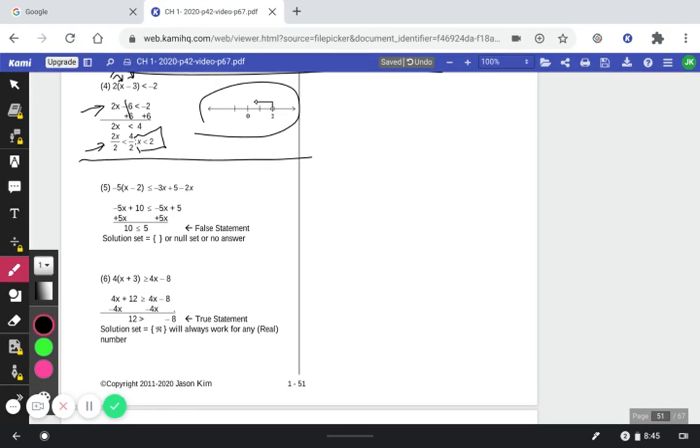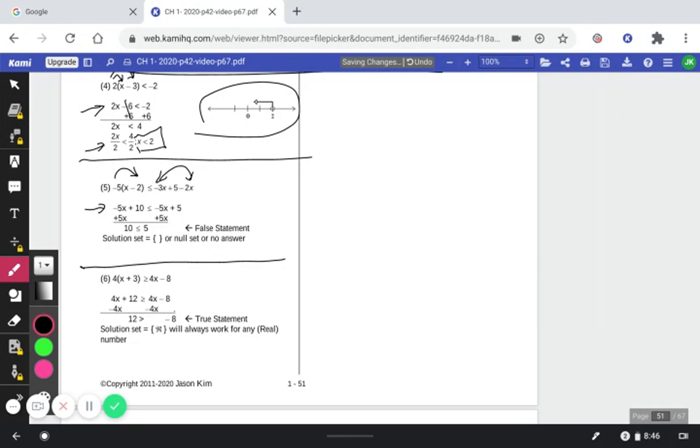Now, number 5. What if you have negative 5 in front of a quantity? You distribute negative 5 with x is negative 5x, plus negative 5 with a negative 2 is positive 10. So negative 5x plus 10 is less than or equal to, now you combine this x with this x. When you have x on the same side, you combine them.